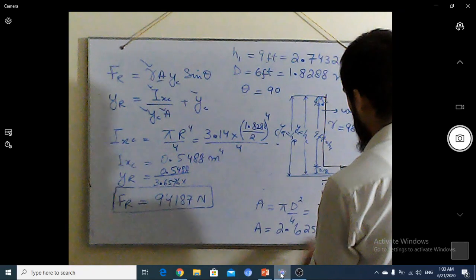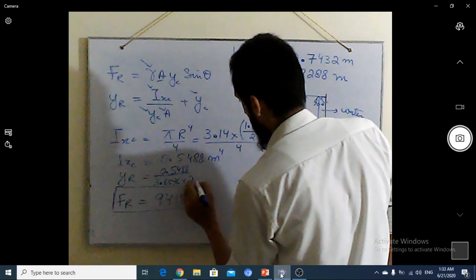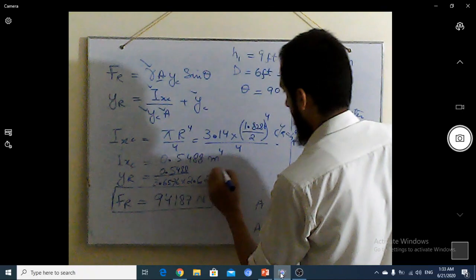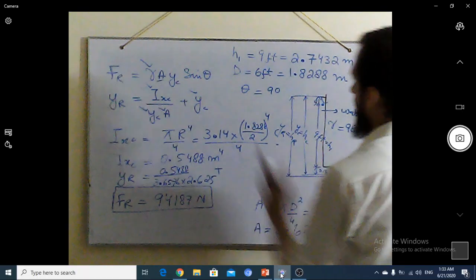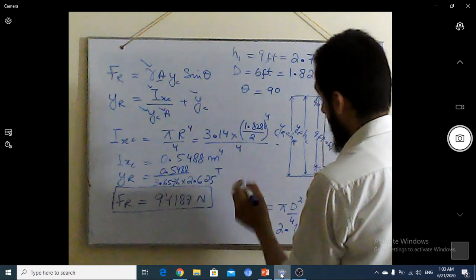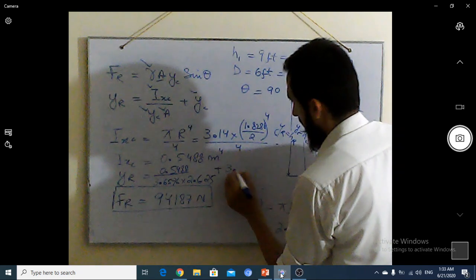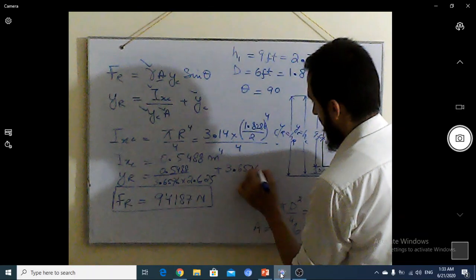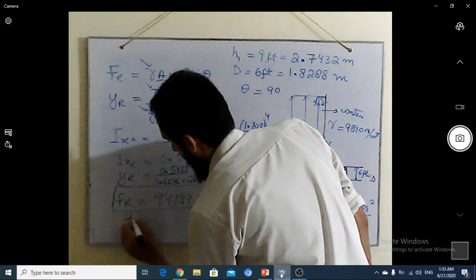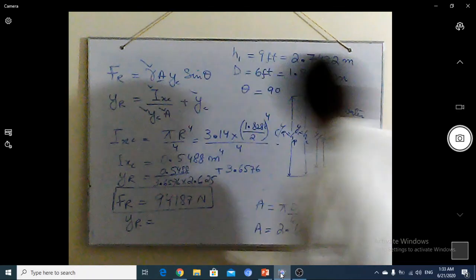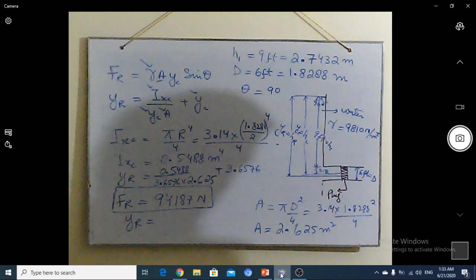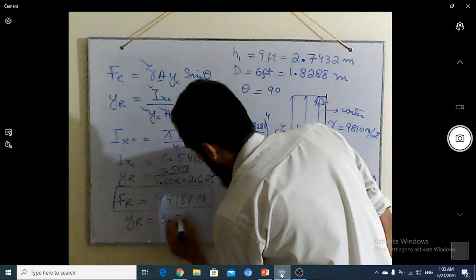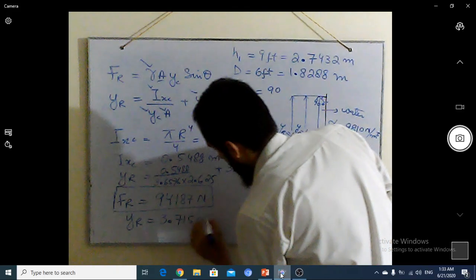Area is equal to 2.625, plus YC again, and YC value is 3.6576. So YR will be equal to 3.715 meters.